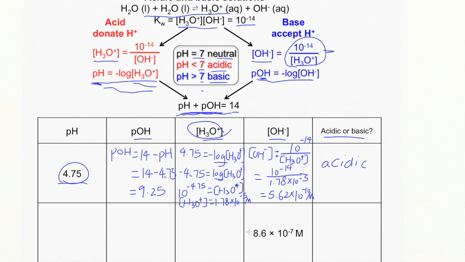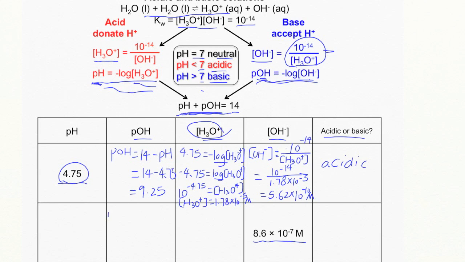The second question, if you know the hydroxide concentration, how do you find out the pOH, hydronium concentration, and identify whether it's acidic or basic solution. Now, you know the concentration of hydroxide. The first thing that you can do is to calculate the pOH value.